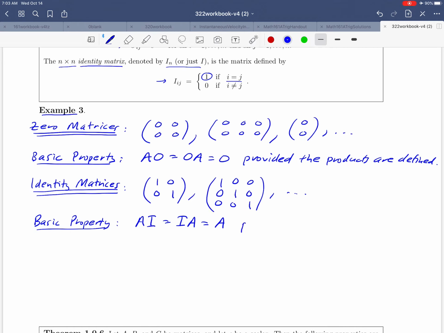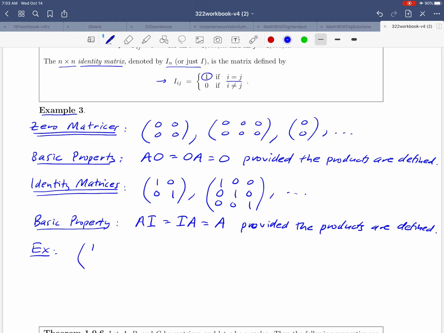And again, provided that the matrices in these products that we're writing down are the right size. So provided the products are defined.